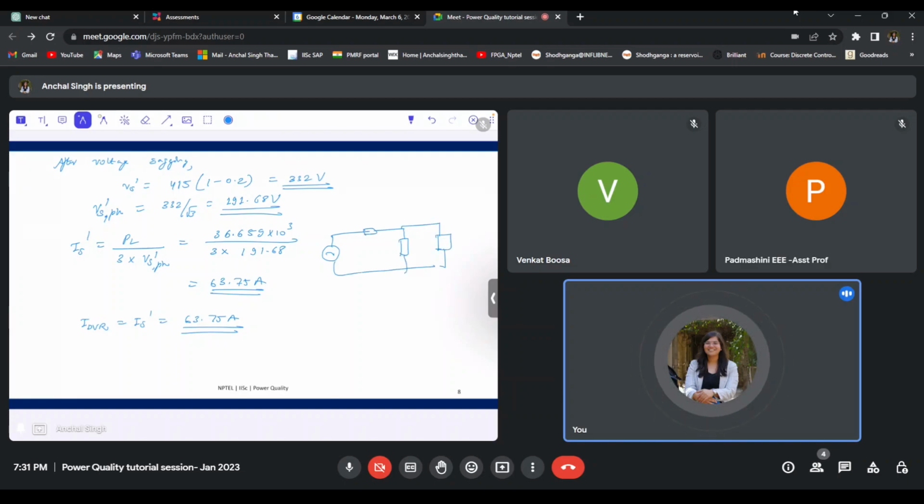I know that load power is flowing and that Vs dash is the voltage at this node, and PL is the power flowing here. So I was able to calculate Is dash, which is also the current flowing through the DVR. So try to draw diagrams and phasors as much as possible so that you get a better understanding of these questions.